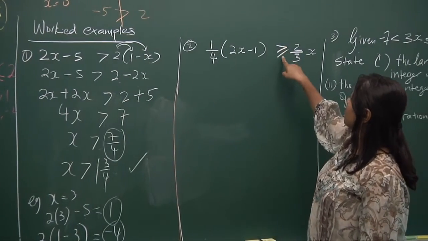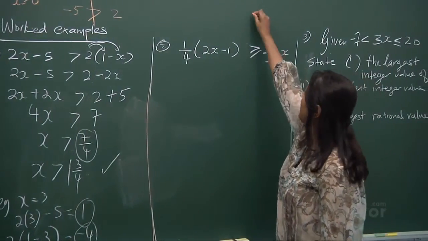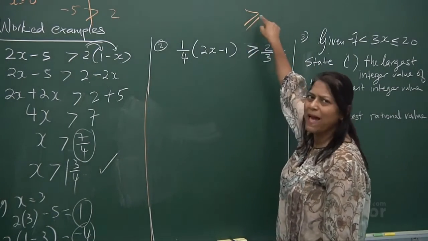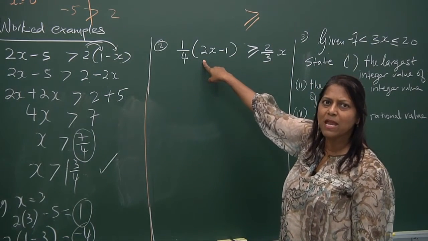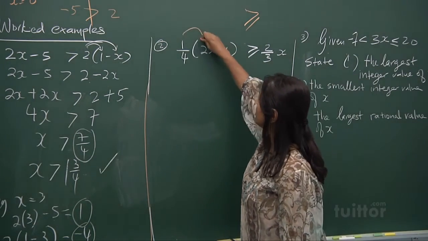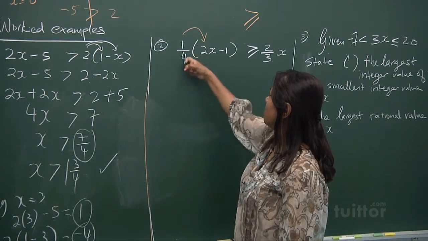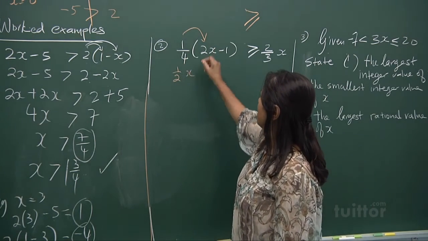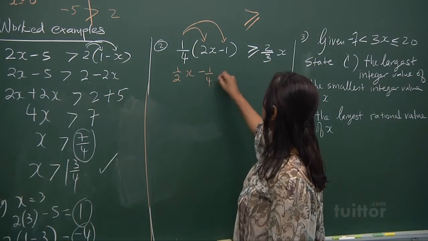Okay, let's look at this. They said greater or equal. The bigger number is here, the smaller number there, because big, small, or equal, they balance. What does this mean? 1/4 times 2x minus 1. 2x multiplied by a quarter gives a half x, and multiplied by the minus 1 gives a minus a quarter.